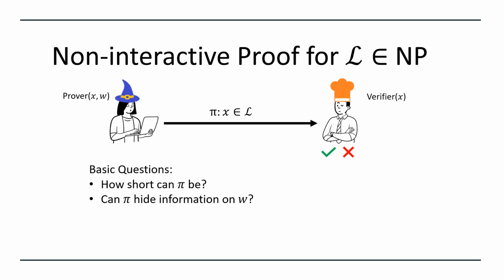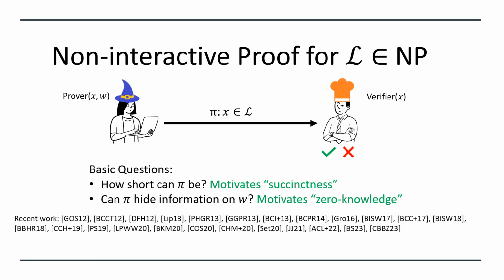In addition to these basic properties, two simple questions you could ask are: how short can we make the proof? And can we make it so that the proof actually hides something about the witness W? These motivate two fundamental properties of cryptographic proof systems, which are succinctness and zero knowledge. These have received extensive study over the past 20 years or so, partly due to the emergence of blockchains as well as verifiable computation.